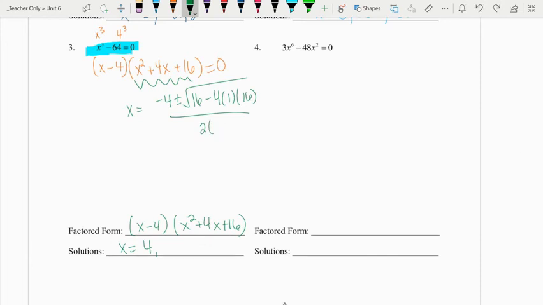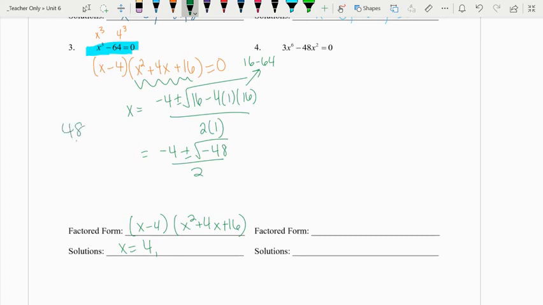So, okay, we end up having negative 4 plus or minus the square root of 16 minus 4 times 16, which actually ends up giving us a negative, right? So this would be negative 48. All of it. Okay, now, if you got that far, I'd be pretty happy with that.